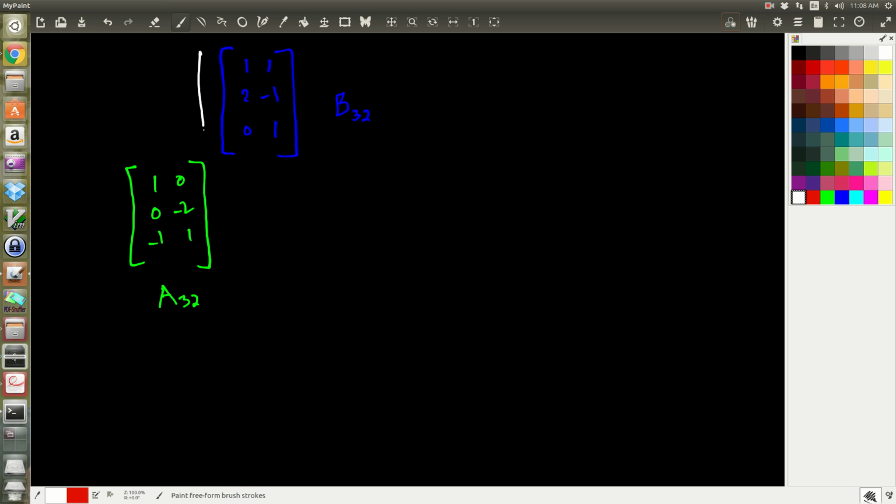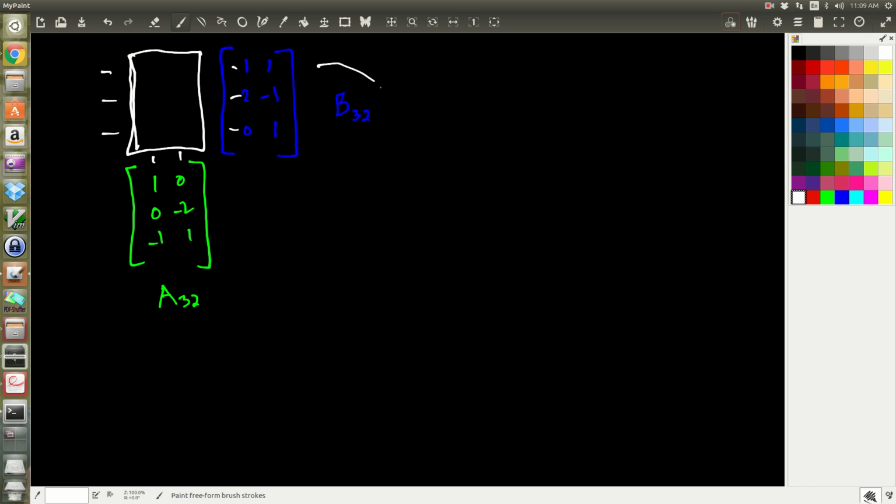If I draw a rectangle up here, we see that it isn't a square, so we can't actually multiply these two matrices together unless we transpose one and make it a square, because this right now is 2 by 3. So 1, 2, 3 corresponding to these 3 rows and 2 columns. So this is not a square. If we wanted to multiply these two matrices together, we'd have to transpose one of them. We either have to turn this one on its side or turn this one on its side.